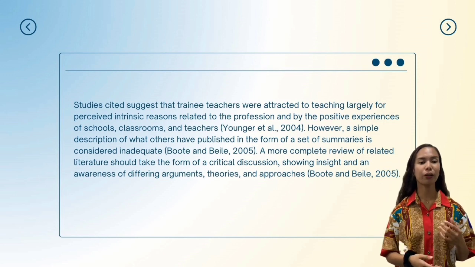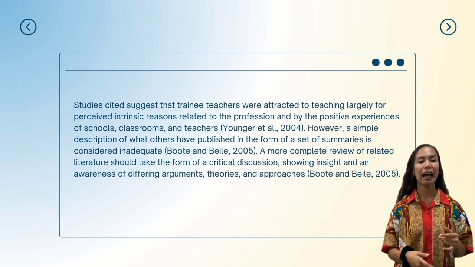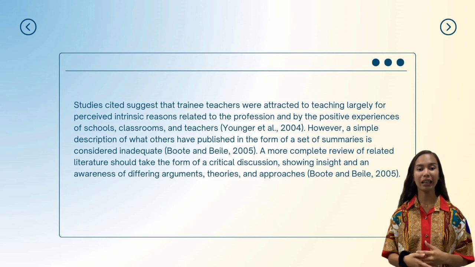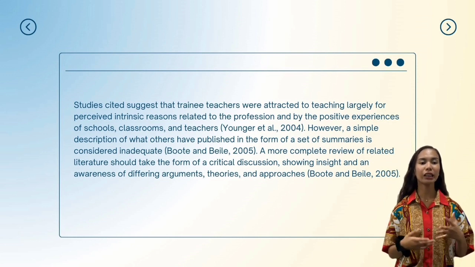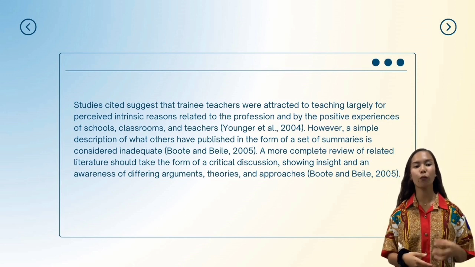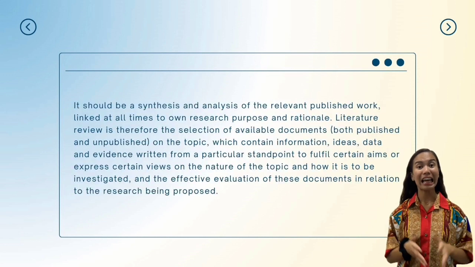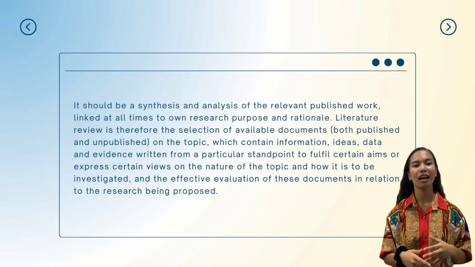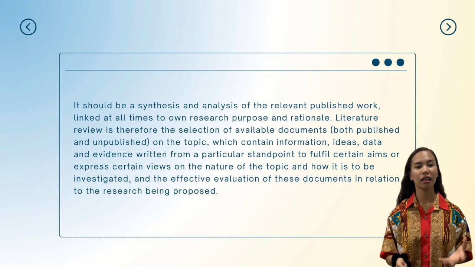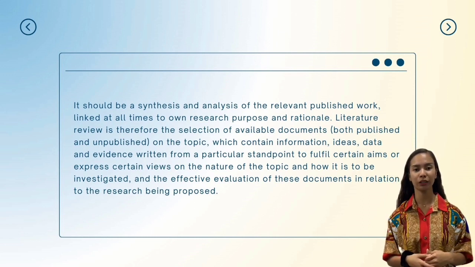However, a simple description of what others have published in the form of a set of summaries is considered inadequate. A more complete review of related literature should take the form of a critical discussion showing insight and an awareness of differing arguments, theories, and approaches. It should be a synthesis and analysis of the relevant published work linked at all times to own research purpose and rationale.